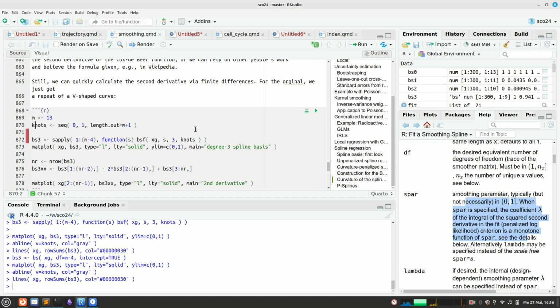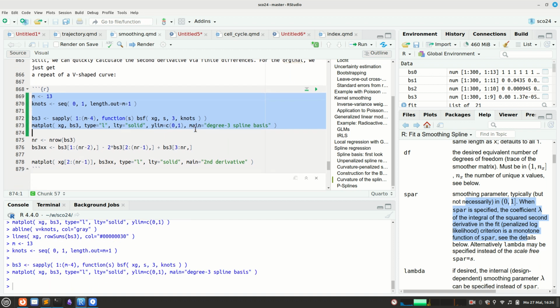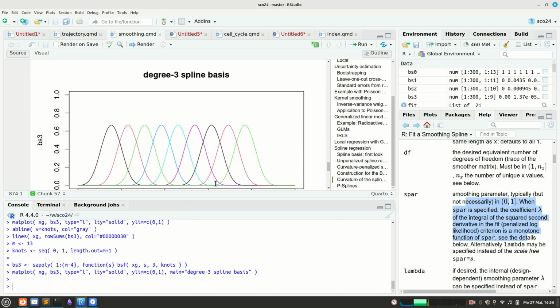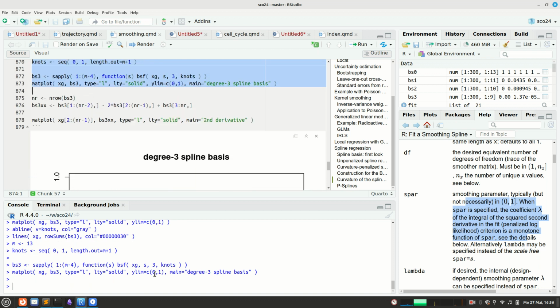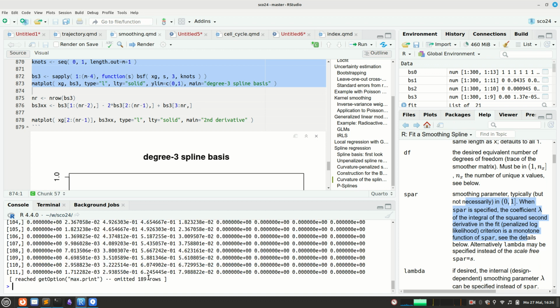They do everything with paper and pencil, but sometimes it really helps to just get your computer to calculate it, and then you can still afterwards try to prove that this is nice. And this is a great example where this is the case, because here I have this spline basis, and I want to calculate the second derivative of this. And I have already calculated this thing at a grid of x values.